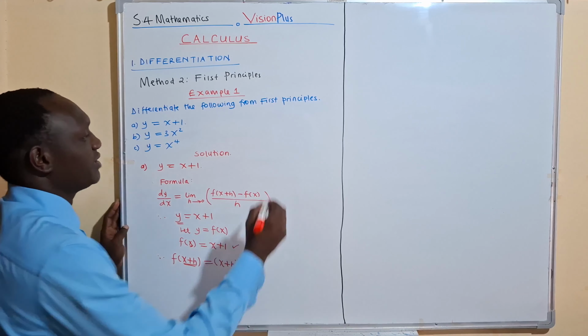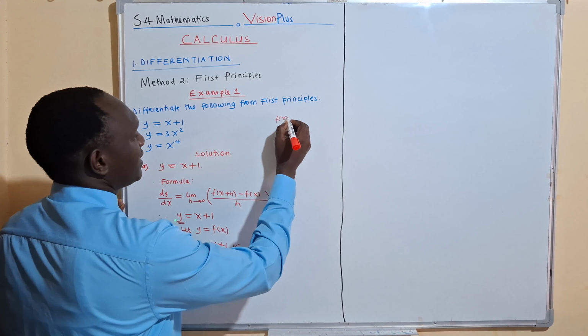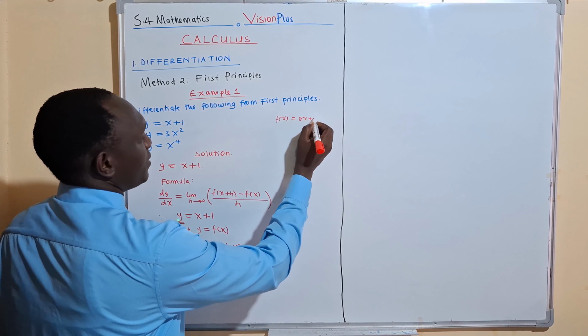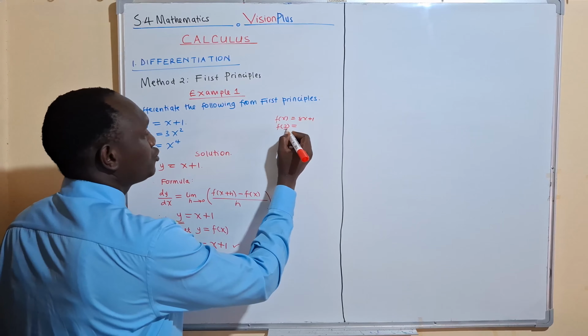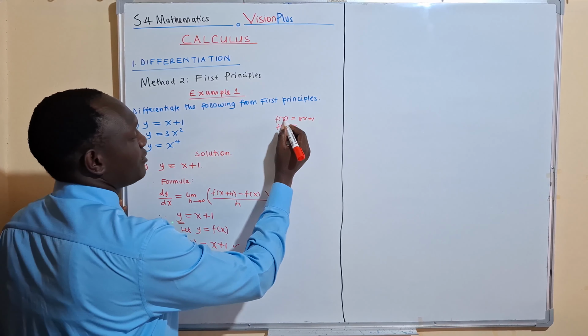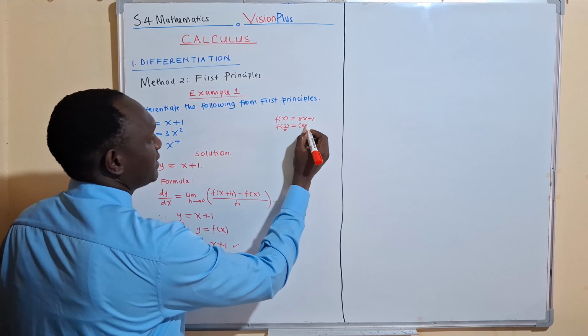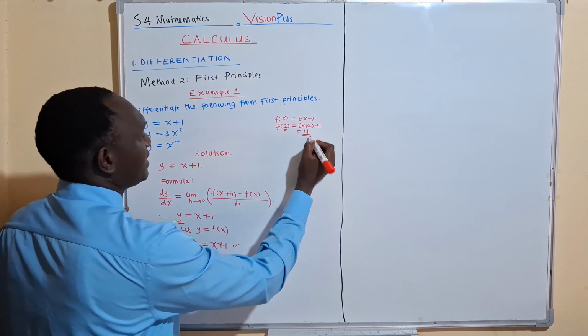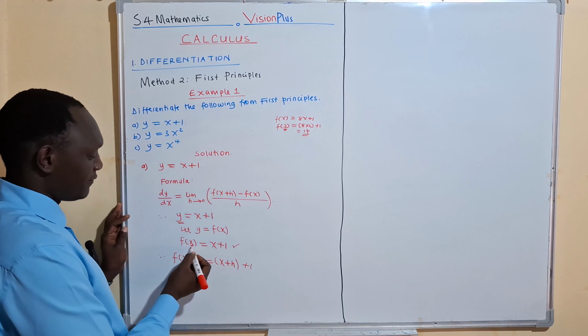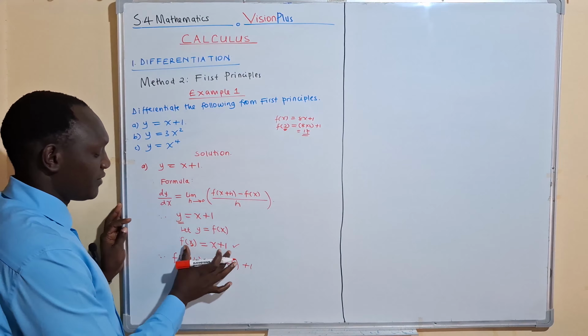It is just like if you have a given function, maybe f of x equals 8x plus 1. How about f of 2? It means this 2 now has become the value of x. So it is simply 8 times 2 plus 1, giving us here 17. It is the same case here. F of x is the original function.